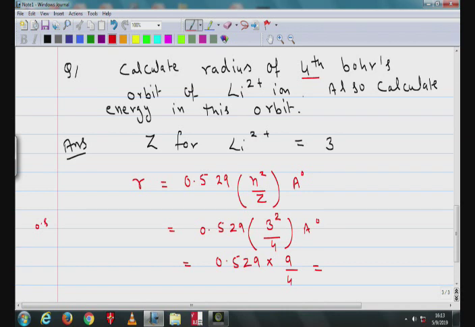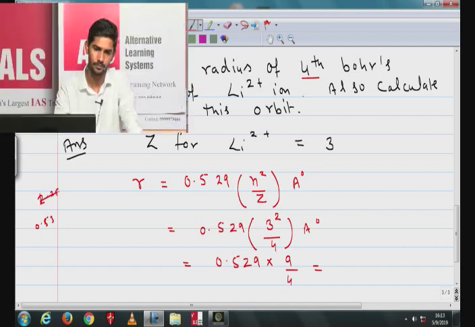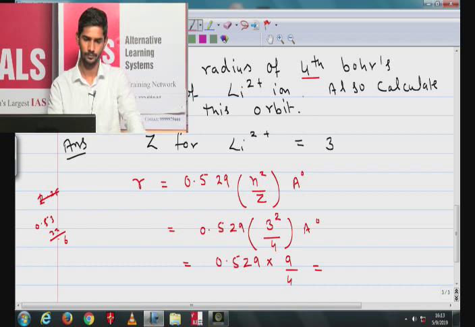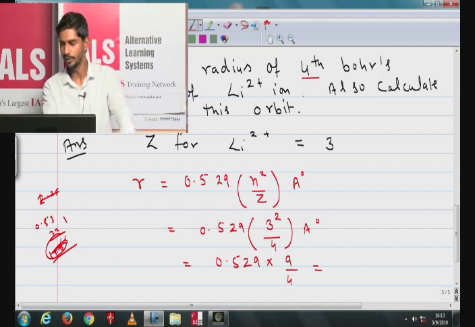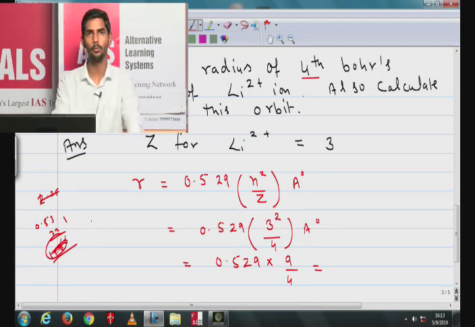Okay, let me check the answer first. Radius is 2.81. Are you sure it will be 2.81?